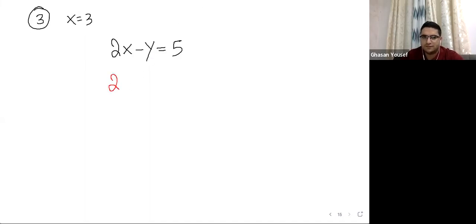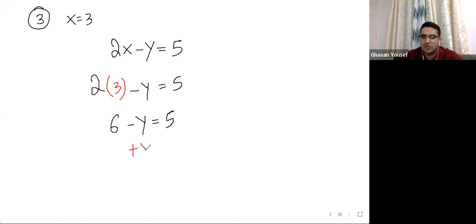You will get 2 times 3 minus y equal 5. 2 times 3 is 6, minus y equal 5. You can move this one by adding y to both sides.